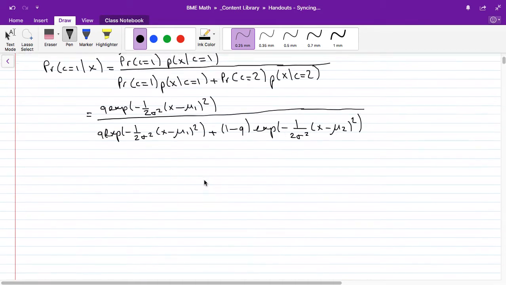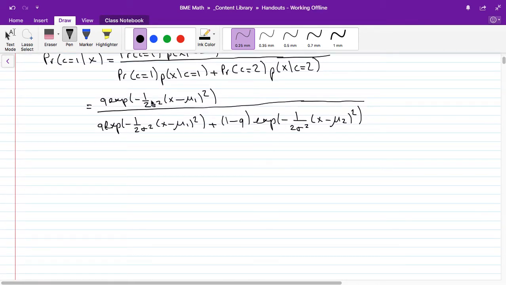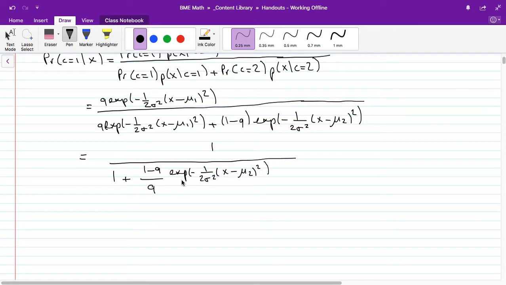All right, so let's divide the top and bottom by the numerator and see what we get. So we get a 1 on top. If you divide the bottom by the numerator, I get a 1 here, plus 1 minus q divided by q, and I get in the numerator an exponential. All right.